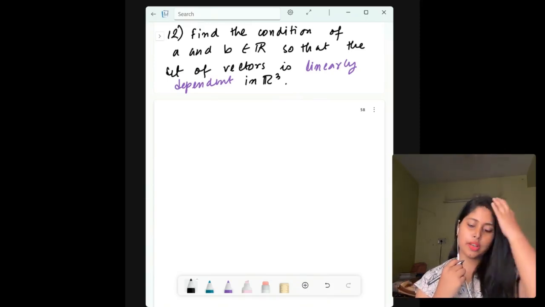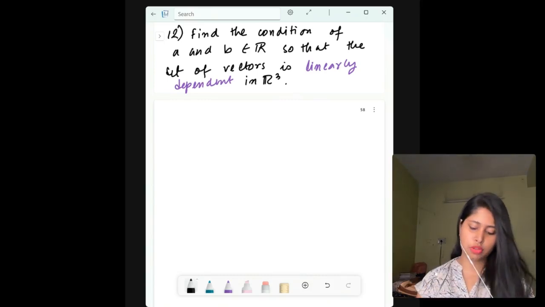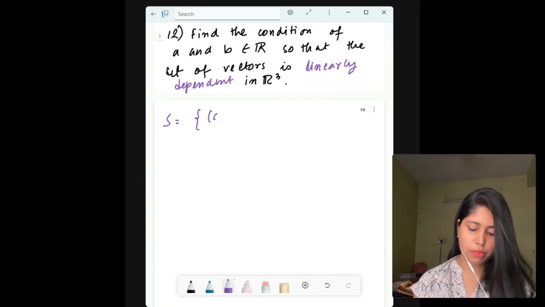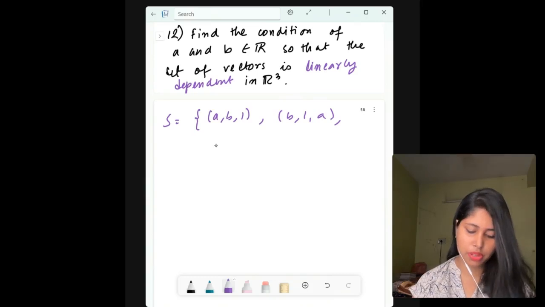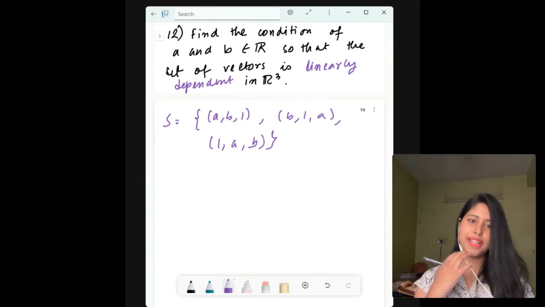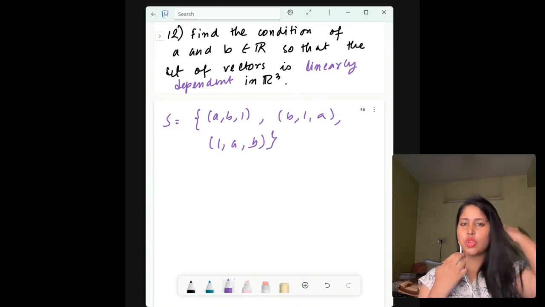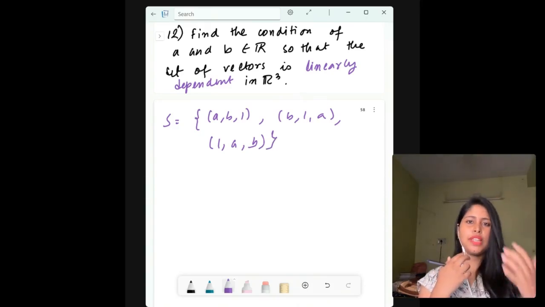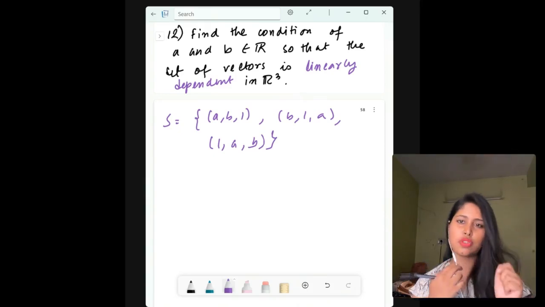I will write the structure, which is the set S is equal to (a, b, 1), (b, 1, a), and another structure can possibly be (1, a, b). Okay, the magic of permutation again. So now see, this has a beautiful cyclic structure, right?